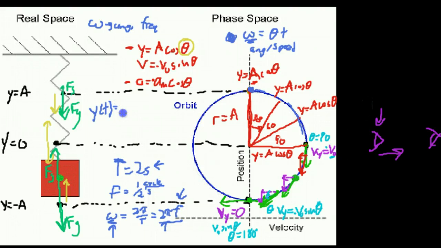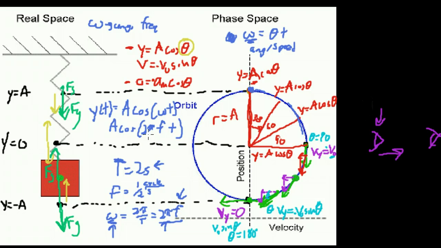And then we end up with a formulation that looks like this: A cosine of omega t. You may have seen in trig class or pre-calc something along the lines of 2 pi f times t, which is exactly the same thing as this angular frequency.